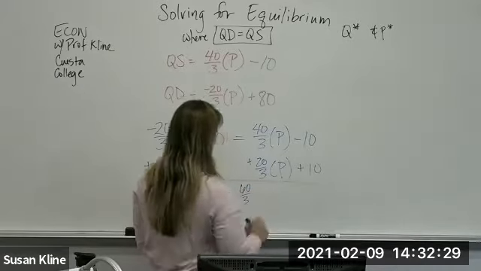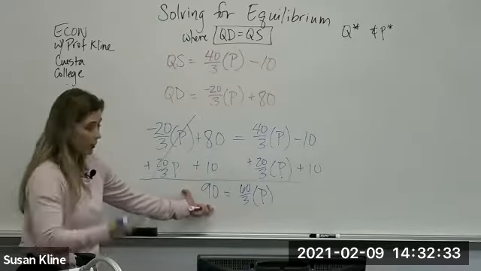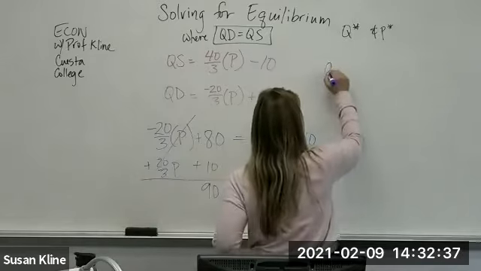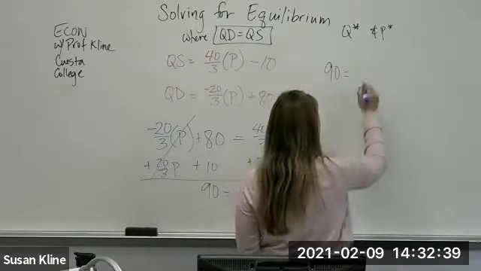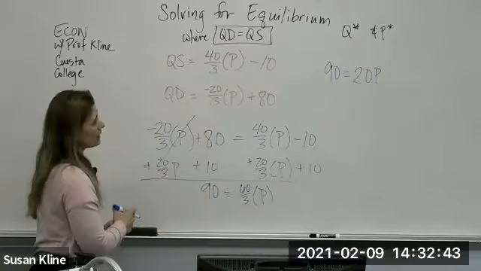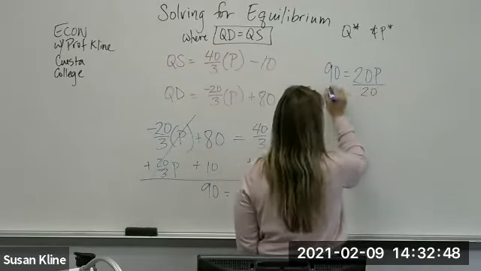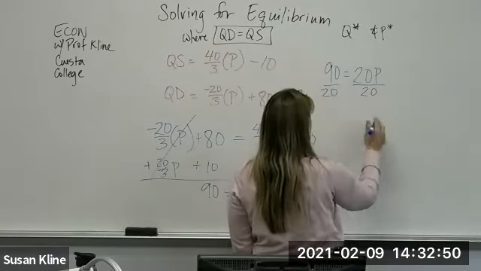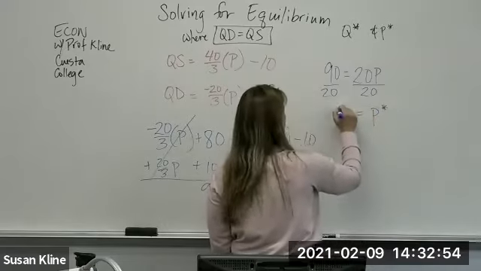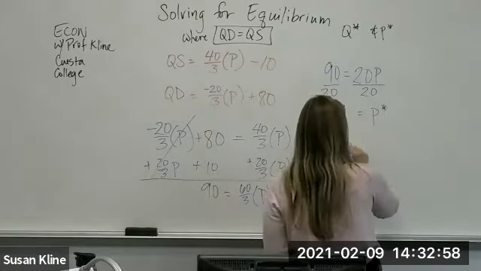I can simplify that. 60 divided by 3 is 20. So 90 is equal to 20 times the price. All I've done is collect my like terms. Now divide both sides by 20, and so equilibrium price is equal to 9/2, or $4.50.